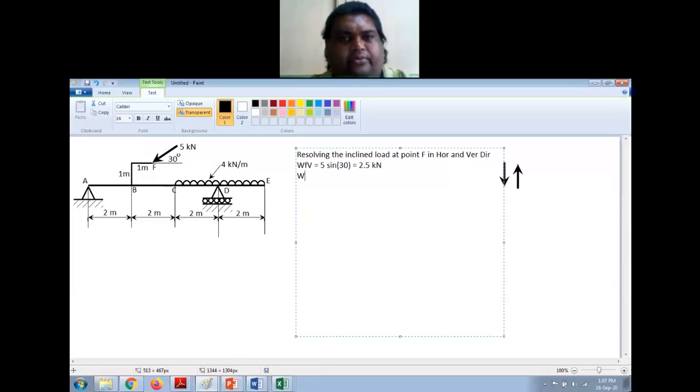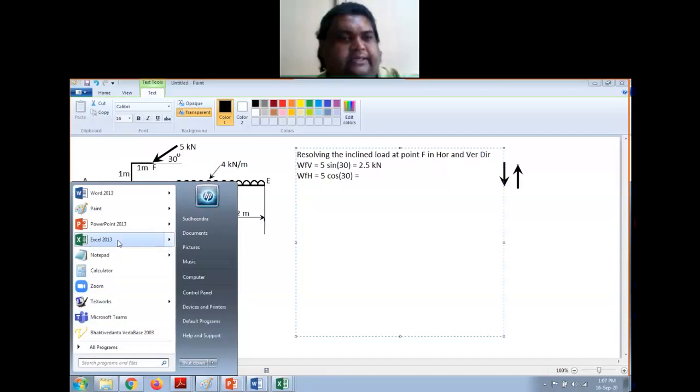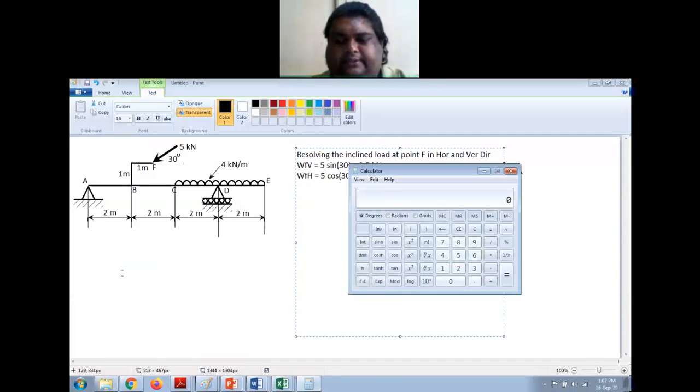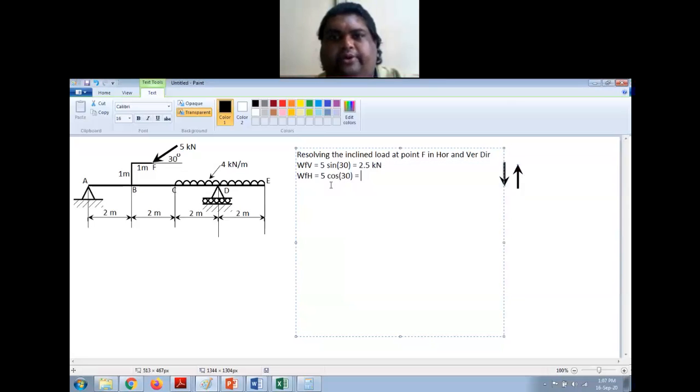And WF at point F in horizontal direction is 5 cos 30. So let me calculate that. 5 into cos 30 is 4.33 kilonewton, right?